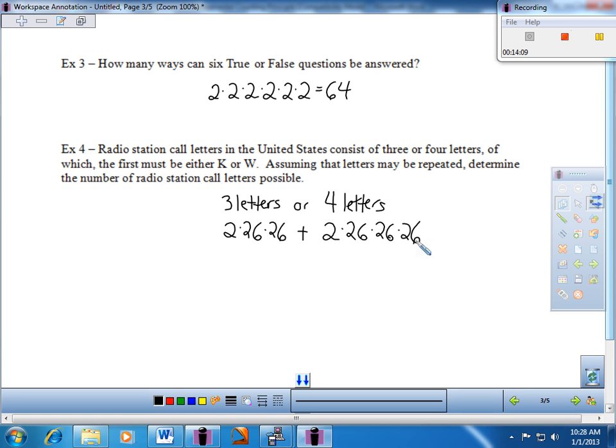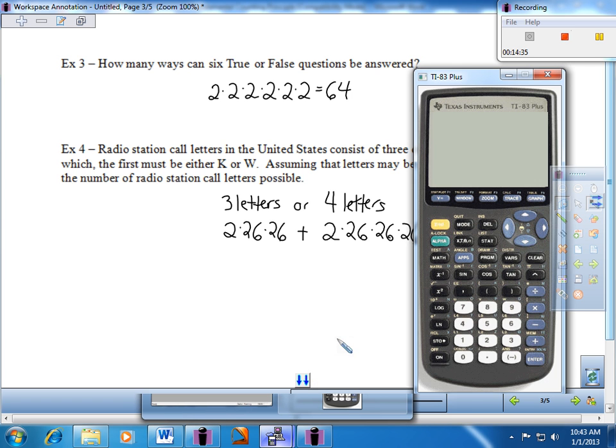And so as a result, I get a calculation that looks something like this. Tasks at hand, in broad terms: find the number of 3-letter radio stations and the 4-letter radio stations. All right, so this is the number of 3-letter radio stations possible, and this is the number of 4-letter radio stations possible. All right, let's bring up the calculator. I'm going to need that here to work this out.